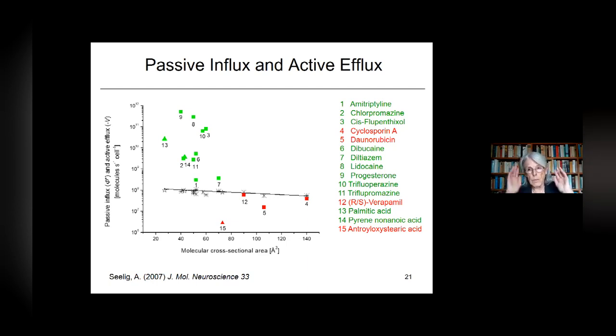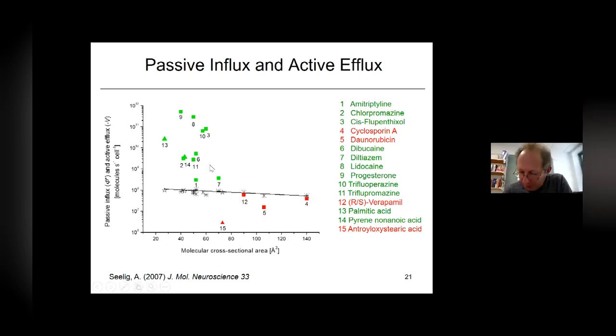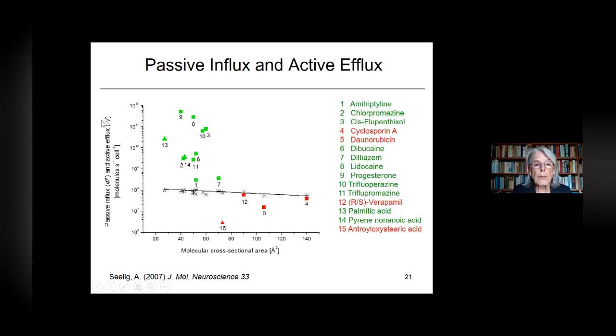There we have just a strong, exponential dependence on size and packing density. So you can, in principle, roughly estimate this if you calculate passive diffusion. Actually, it's even easier. You can say all molecules which are larger than 70 to 80 square angstroms in diameter will not.